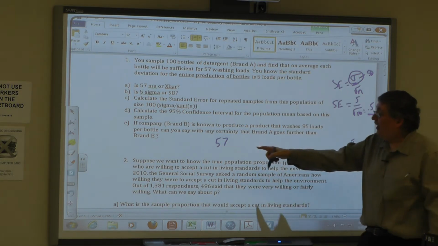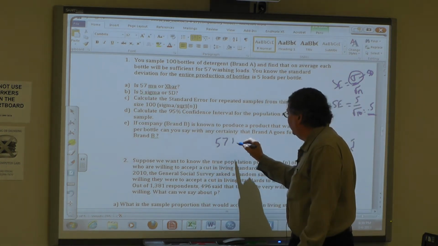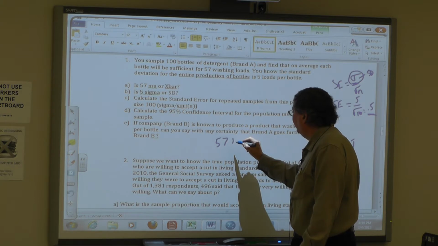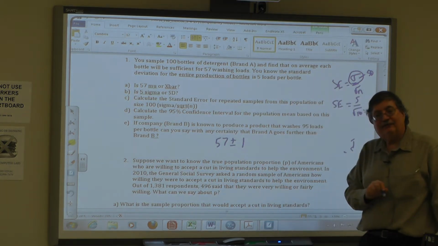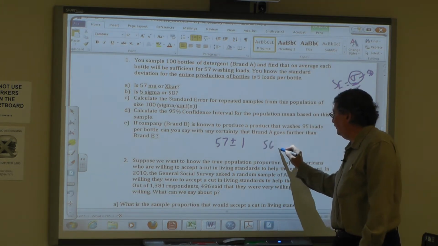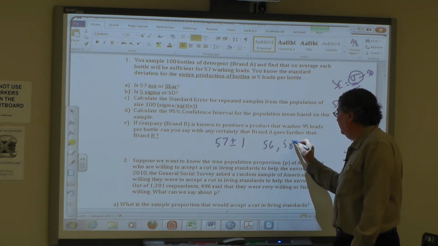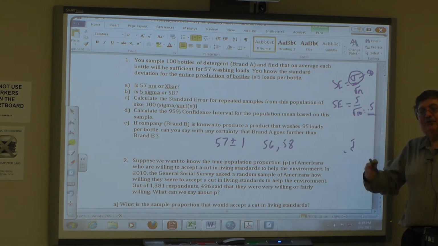So we want to go 1 below 57 and 1 above 57. 2 times a half, or 1, plus or minus 1. So what's our 95% confidence interval? It's 56 to 58. We're 95% sure the true average number of loads that you can get out per bottle of this detergent is between 56 and 58.